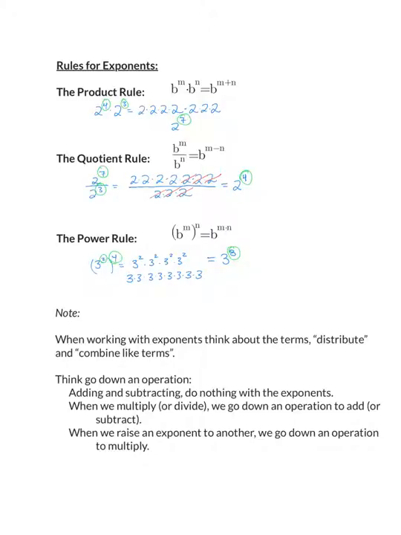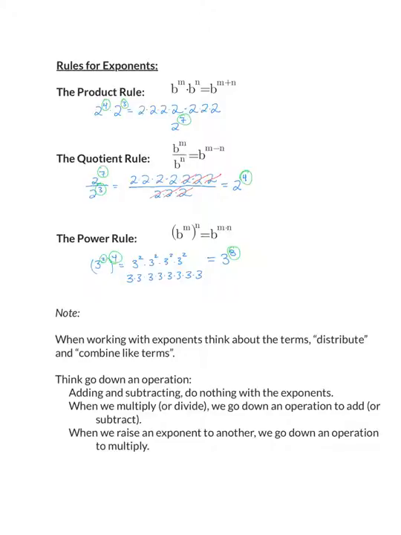So note, when working with exponents, think about things that we have done in the past. We're going to be extending the concepts of distribute and combine like terms. In this section, think about going down an operation. So for instance, when we talked about adding and subtracting, we did nothing with the exponents.